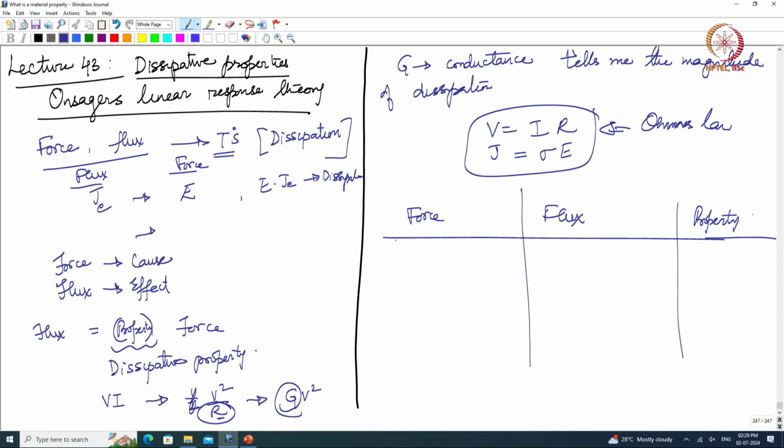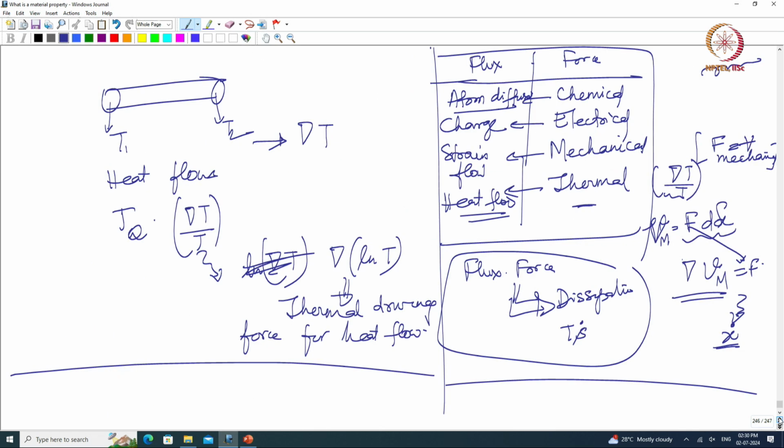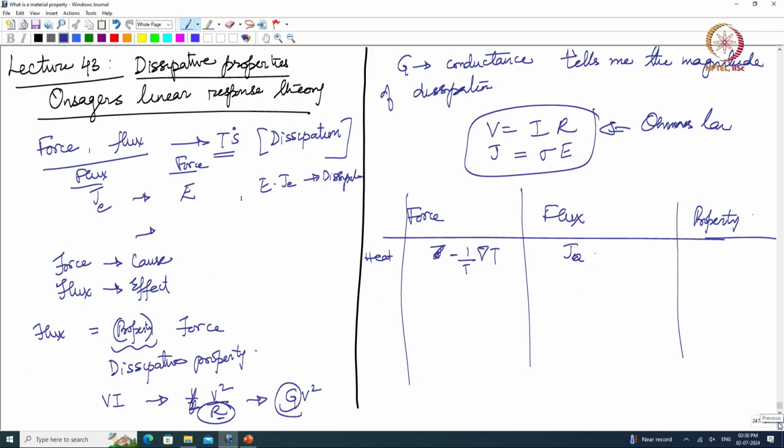So we did Ohm's law, for example. If I look in the domain of heat, I have the flux jq, and the force we said is 1 by T gradient of T, this is what we did earlier, right. So the thermal force is just gradient of T by T, or gradient of log T, right. So that is what we did in the earlier class. So that is the thermal force. I have a flux. Now, what is the property that relates this?